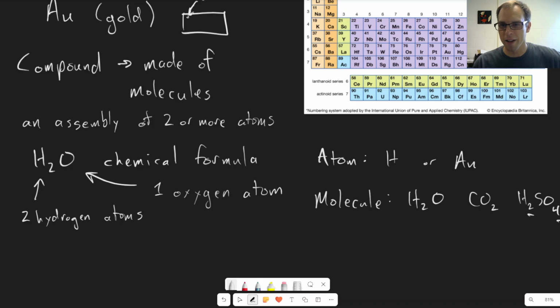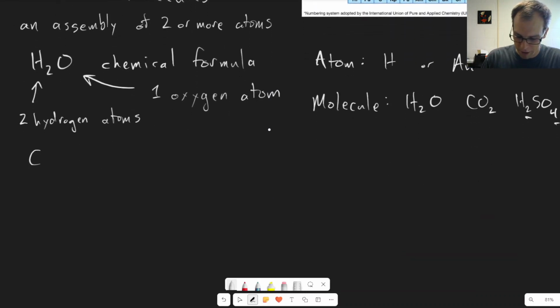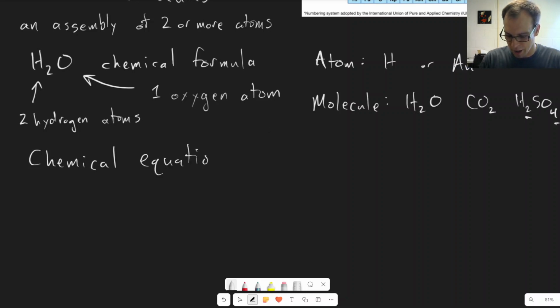Now, one other important concept where we use these representations of atoms and molecules is what we call a chemical equation. This is a little bit different than a mathematical equation, where you're thinking about changes of numbers. In a chemical equation, we're thinking about changes of atoms and molecules as they react and form new substances.